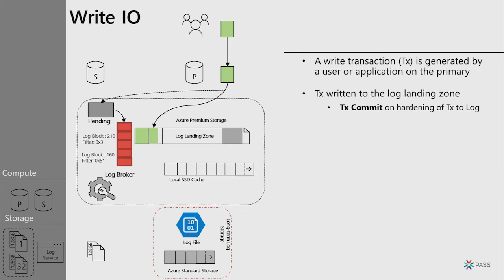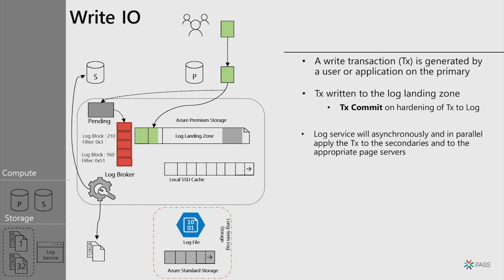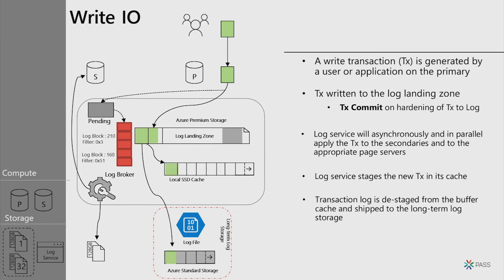It's committed. We'll asynchronously send it to the page server, and we'll see the read part of how that happens. The log service will then ship it to the secondary and to page servers. And then at some point, destage will kick in, and the filled up VLFs will be destaged to storage.